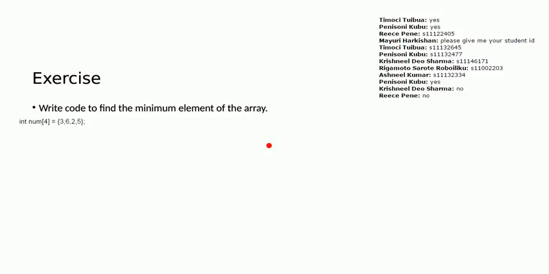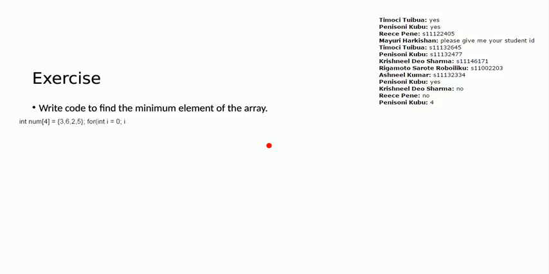So to find the minimum, we need to iterate through the array. To iterate through the array, we need a for loop. Once again, for int I is equal to 0, right? I is less than, what will go there? Is it less than 4, 5, or will it be less than or equal to?